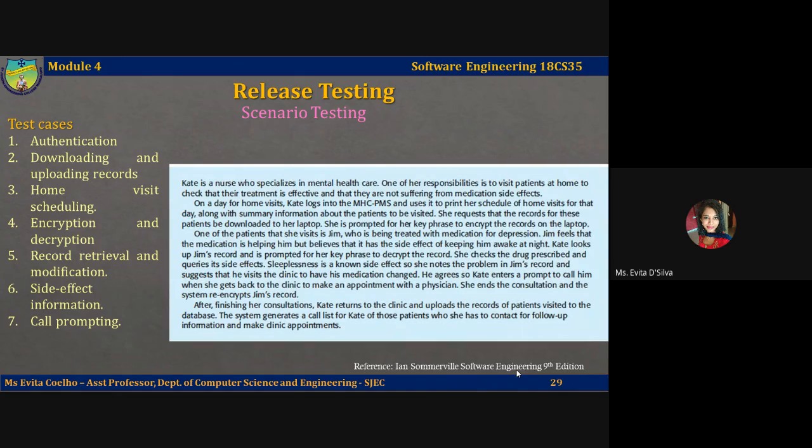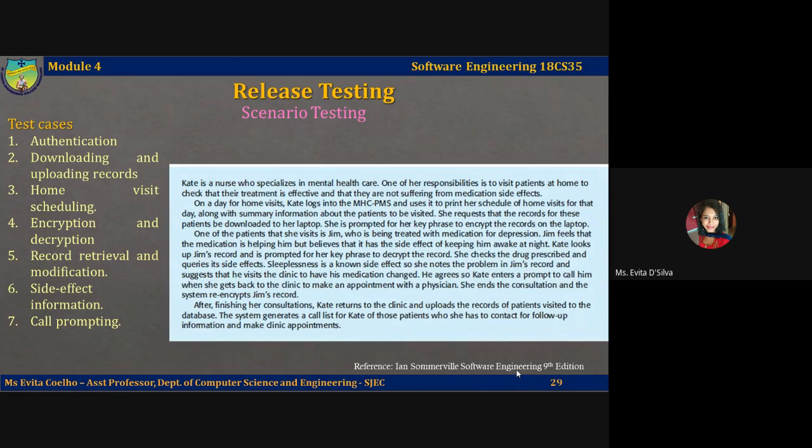So given this scenario, there could be a few tests that are designed to identify any drawbacks or limitations of these scenarios. If you are a release tester, you will run through this scenario, playing the role of Kate and observing how the system behaves in response to different inputs. As Kate, you may make deliberate mistakes, such as inputting the wrong key phrases to decode records.